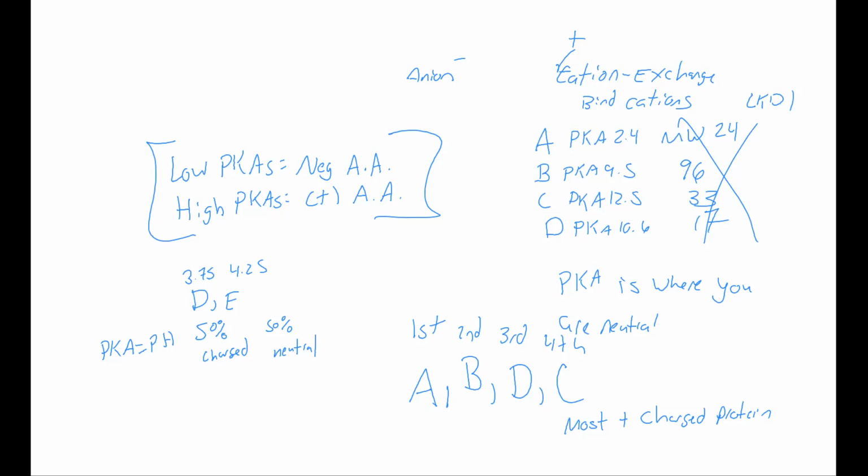And this goes with the potassium channel. Oh, let me just share that PowerPoint. 726. All right, so if you remember, let me get my pen back up. There we go.